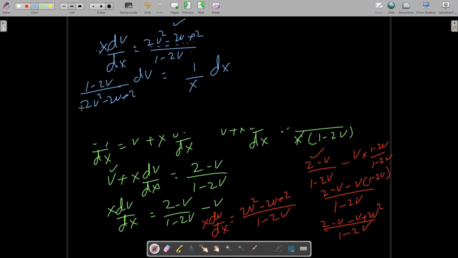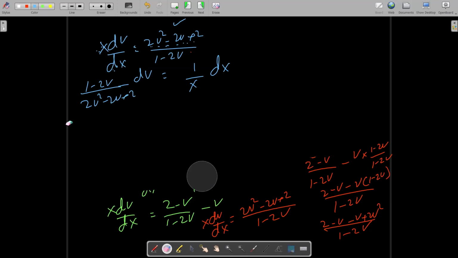Now we have to apply the integral on both sides and solve. If you apply the integral on both sides, the right side is pretty simple, that is ln x plus c.